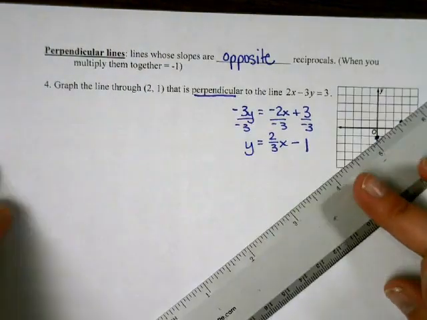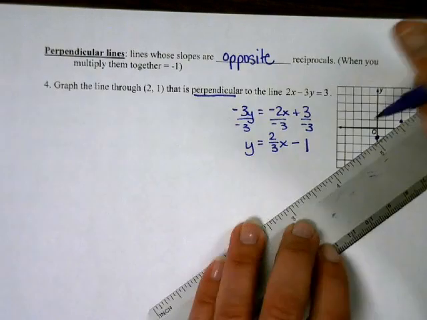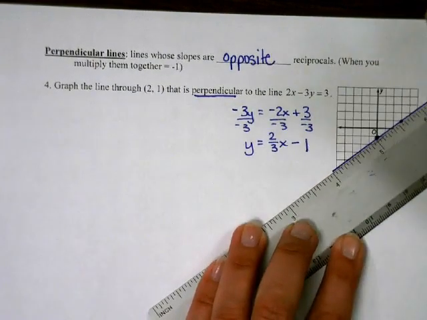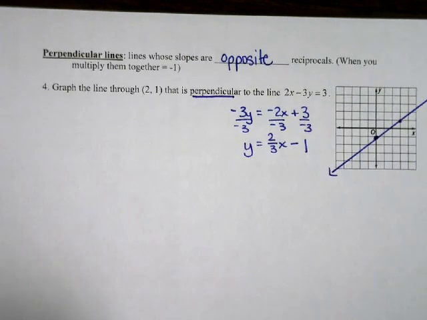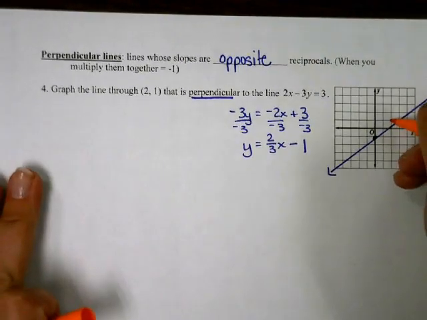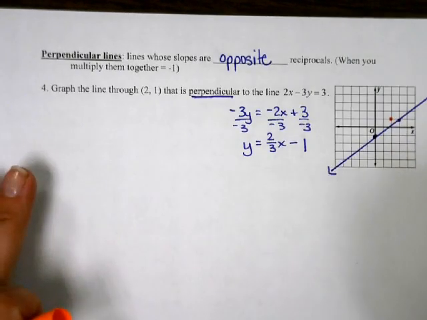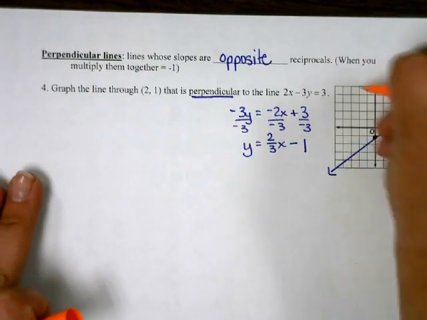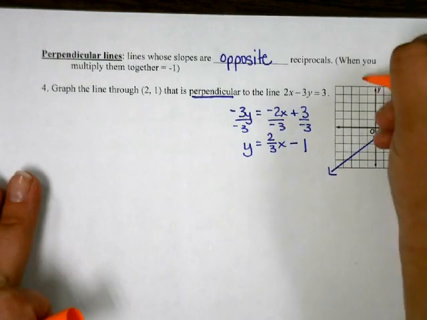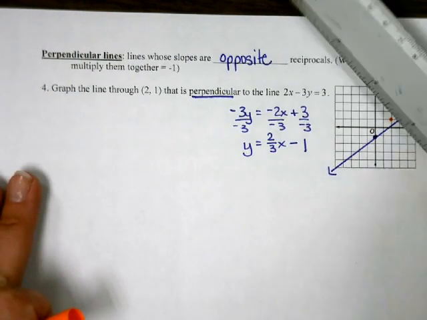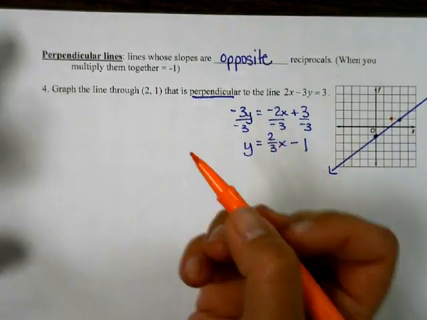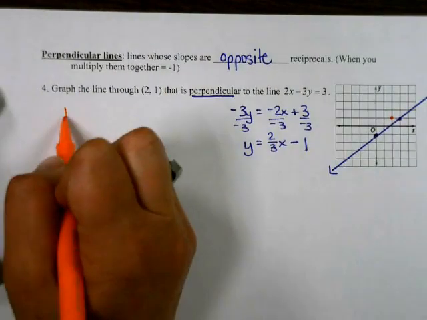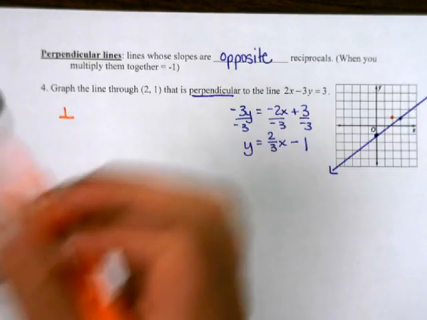This is the line that they gave me. I want a line that goes through the point (2, 1), right there, that's perpendicular to that. Notice the only way to get perpendicular to that would be to have a negative slope. So my perpendicular slope, if you remember from geometry, an upside-down T is perpendicular.